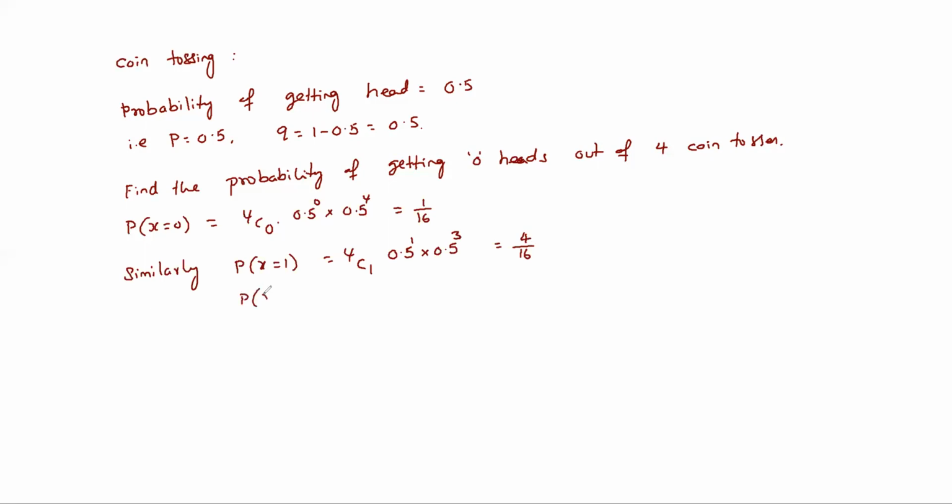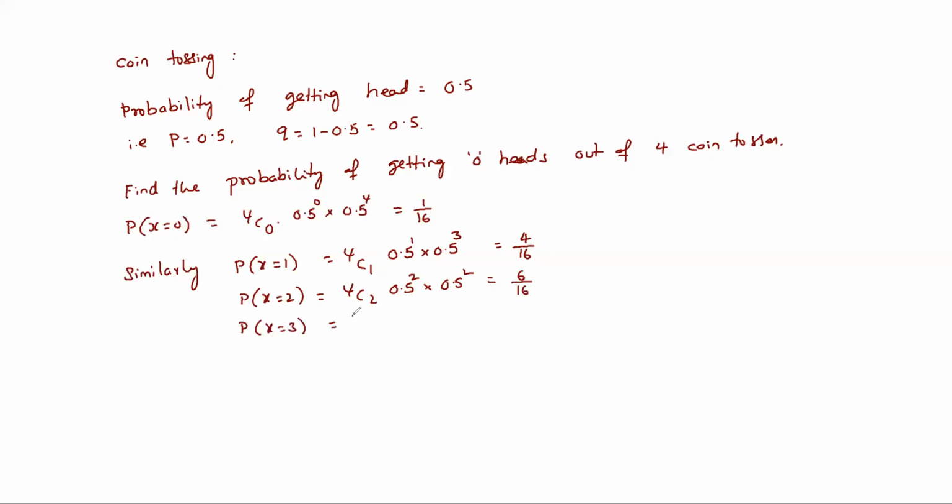Similarly, probability of x equal to 2 is 4C2 times 0.5 power 2 into 0.5 power 2. How much is 4C2? 6, so 6 by 16.